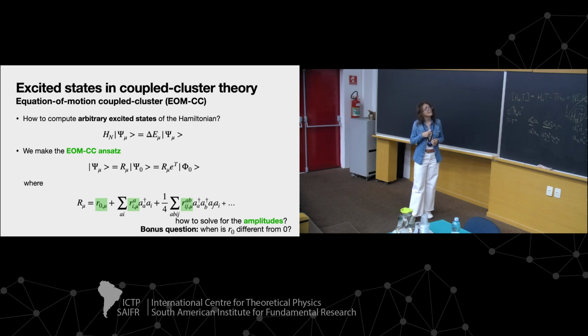So in the case in which this has a different angular momentum, since R0 is only a constant, these two cannot be connected. While in the case of having a 0 plus excited state, we can connect these two. And so we will have that R0 can also be different from 0. Is it clear?